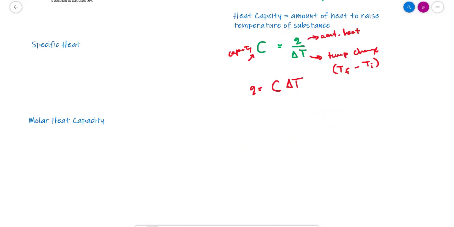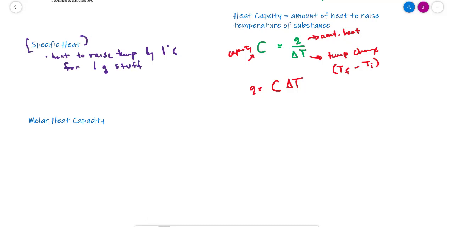There are two common ways to report the heat capacity of a particular substance. Both are correct. Both are just useful in different ways. We could have the specific heat of a substance, which is the heat to raise the temperature of a substance by 1 degree C for every 1 gram of that substance.